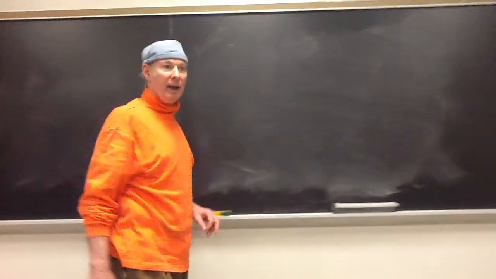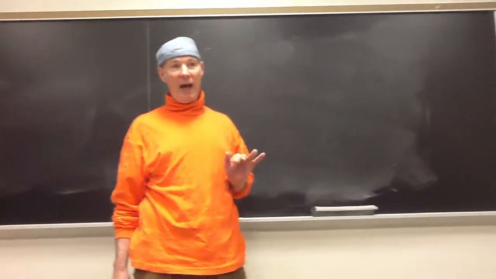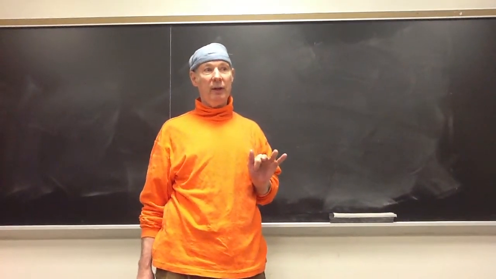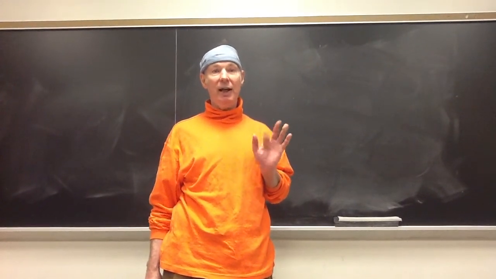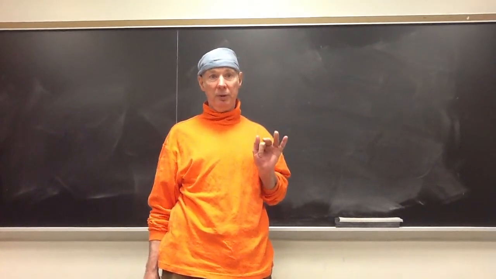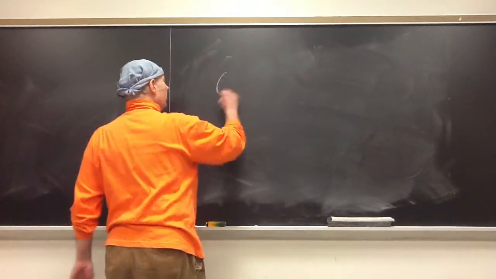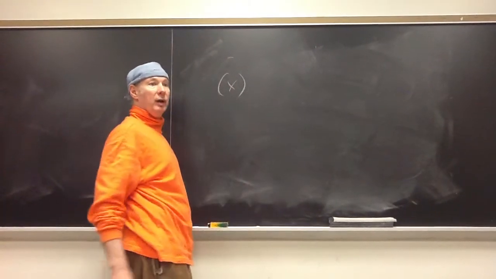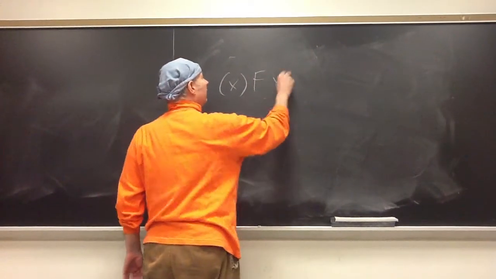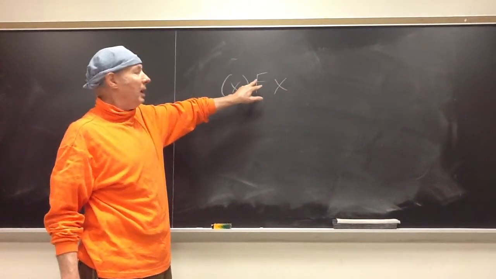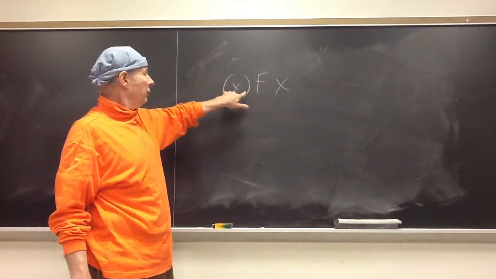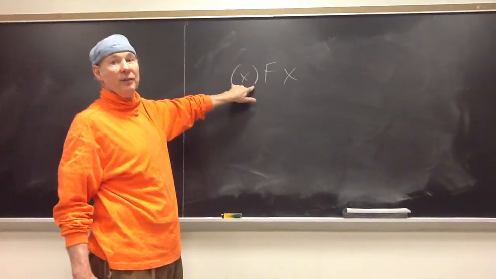Okay, so let me now give you two basic facts about the quantifiers that are absolutely essential for understanding how to use the quantifiers when you do proofs. Remember that that's the universal quantifier, and this says everything has the property F. So the universal quantifier says everything.